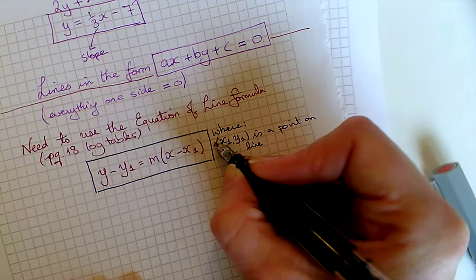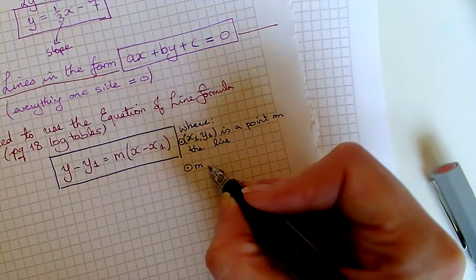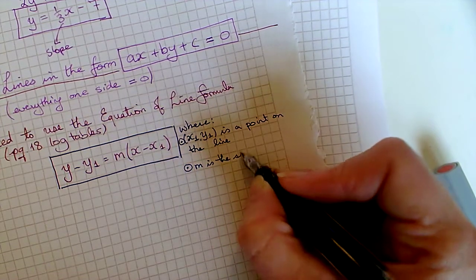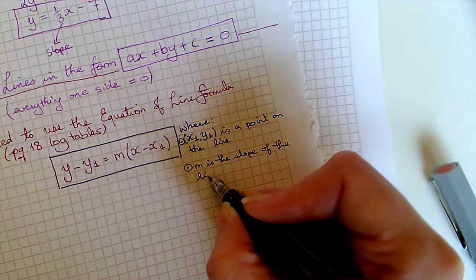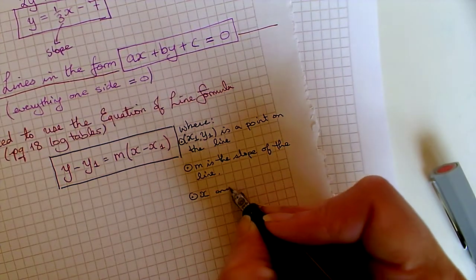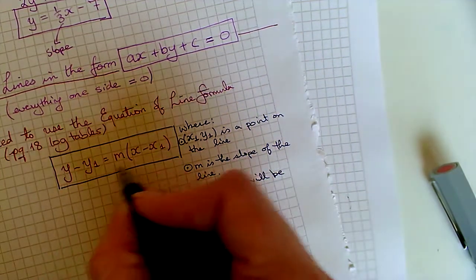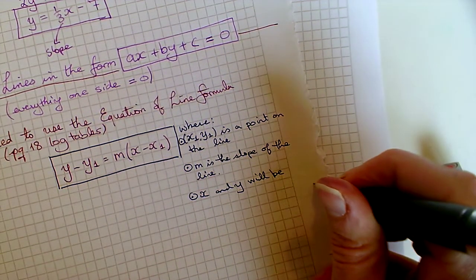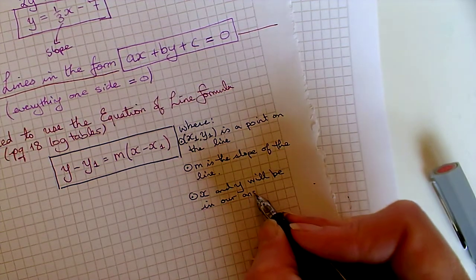And m is the slope of the line. And just a reminder that x and y will be in our answer. So we don't replace the x and the y, they just stay there.